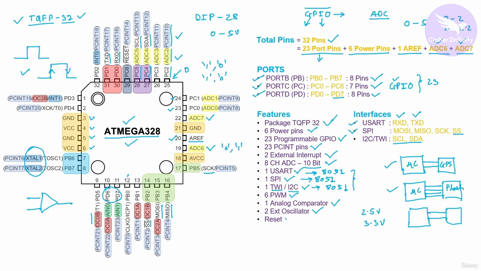Then the last pin is the reset pin. You can see this is the reset pin of this controller. And above that reset pin, you can see there is a bar which tells that this particular pin is active low. So when you connect this pin to the ground, the controller will be in reset state.